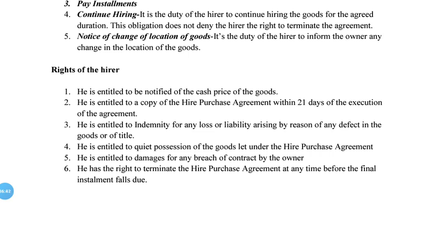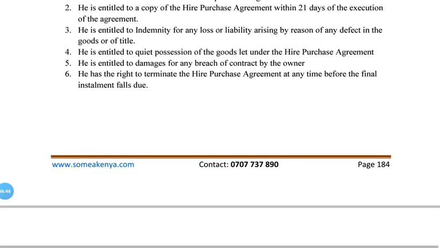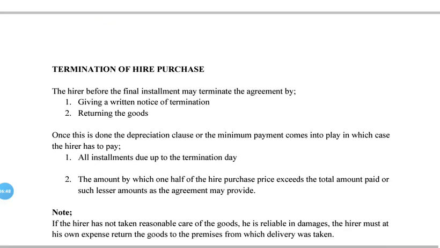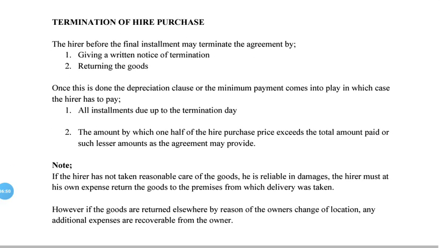Now, termination of the hire purchase contract. To terminate is to render the contract to an end, where the contract comes to an end and both parties are relieved or discharged.